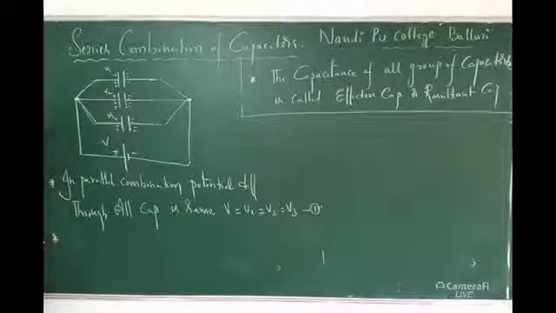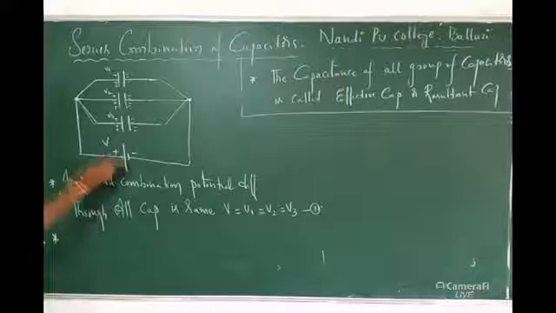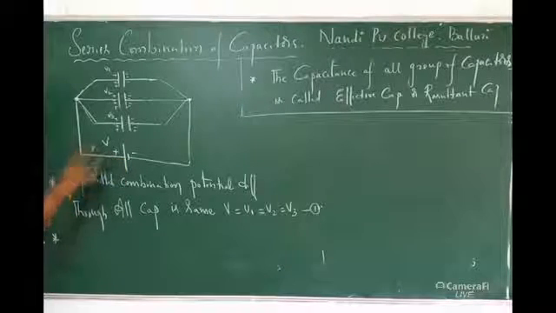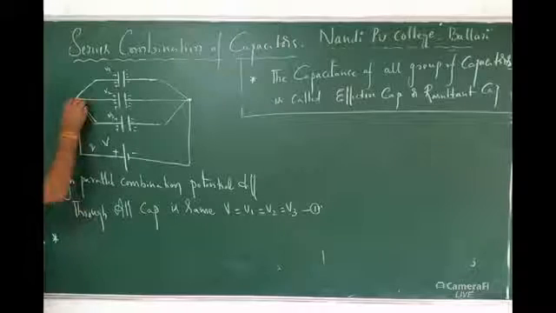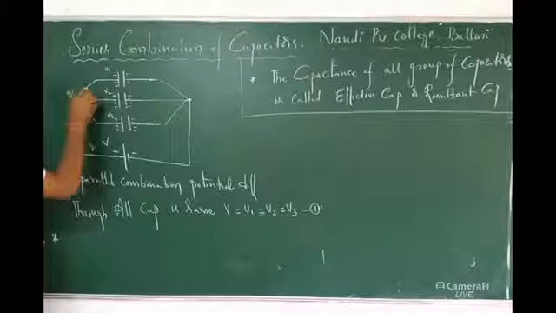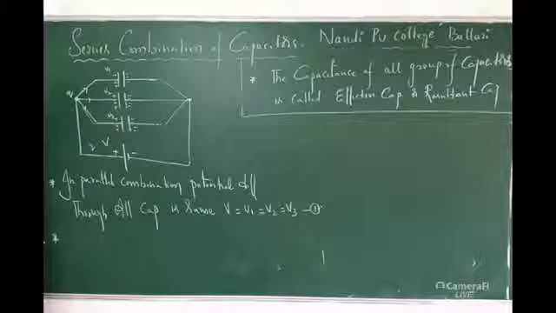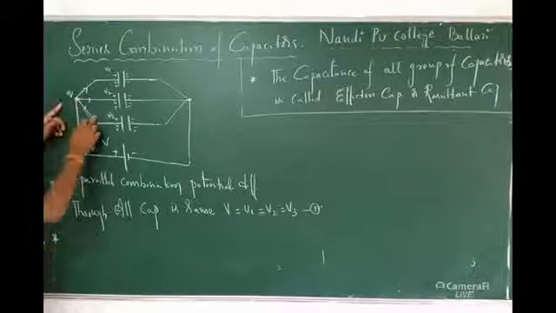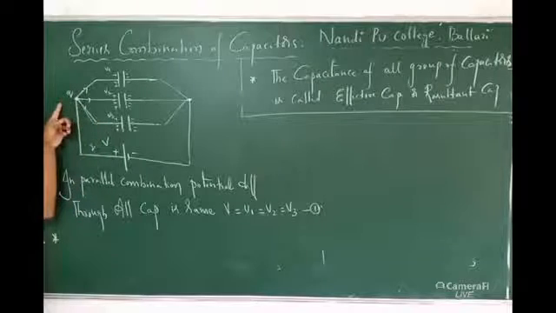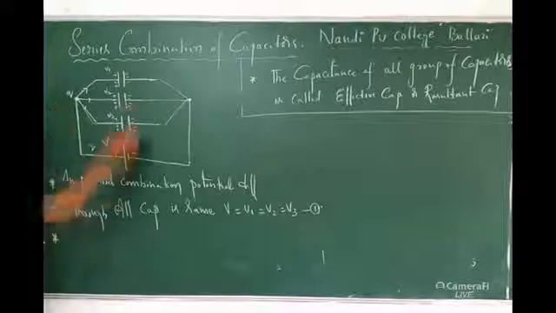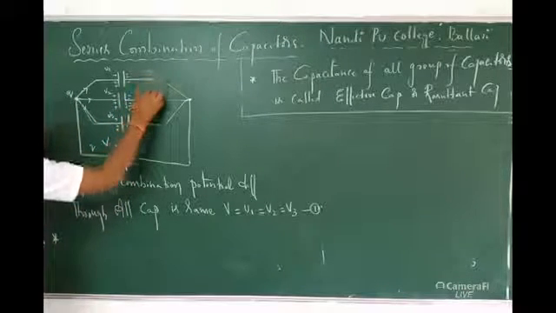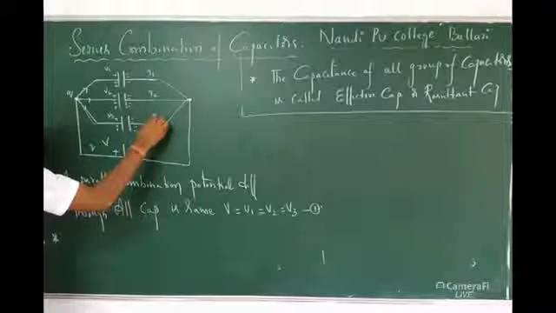Next, the second one. You can clearly understand how much charge comes through this cell: Q charge. When Q charge comes here, how many directions are there for the charge? Three directions. So the charge is dividing into how many parts? Three parts. This direction Q1, this direction Q2, this direction Q3.